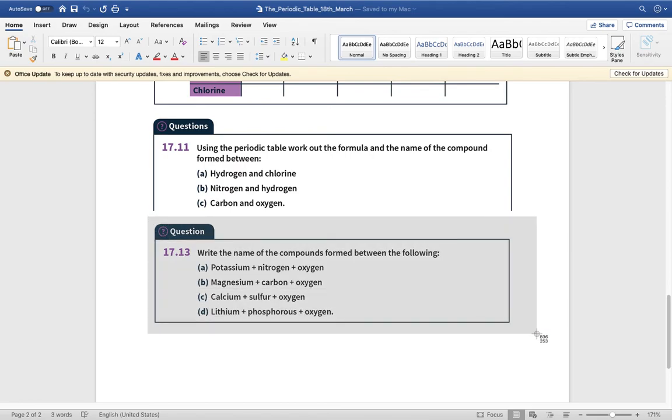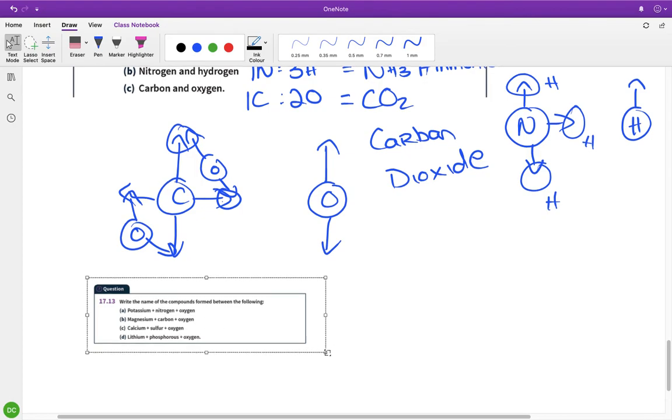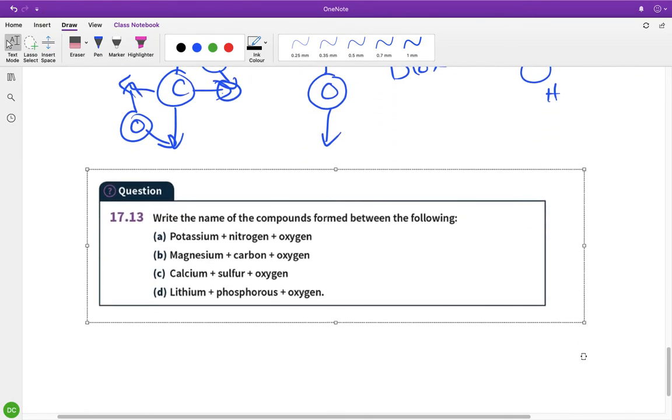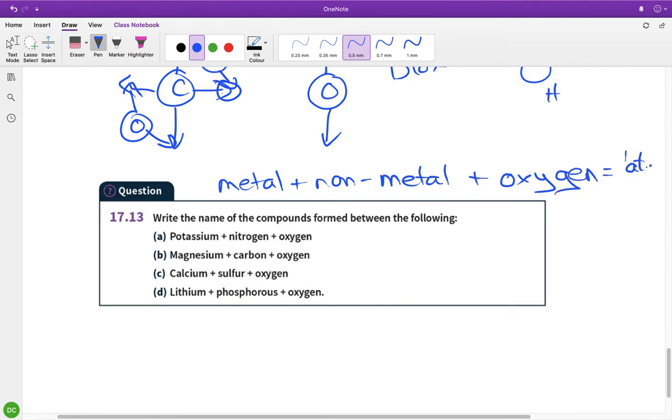The last one is nice and easy. This one is when it's metal plus non-metal plus oxygen, and when you do that, it becomes an -ate. So this is potassium nitrate.